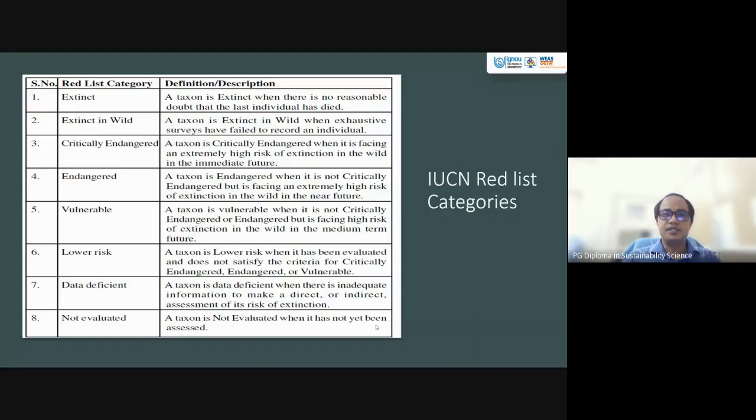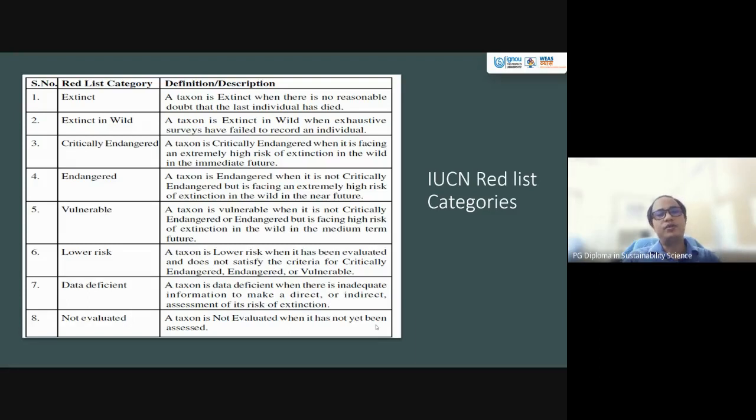So these are the definitions. When we say extinct, it is totally extinct from the surface of the earth, from our planet. Then when we say extinct in the wild, some of the species you will find in either botanical gardens, zoological gardens, or managed ecosystems.